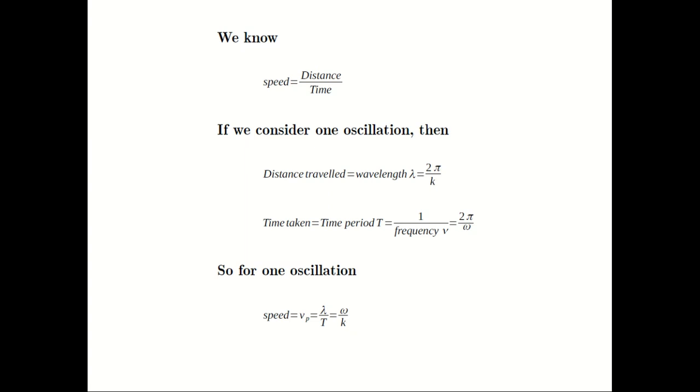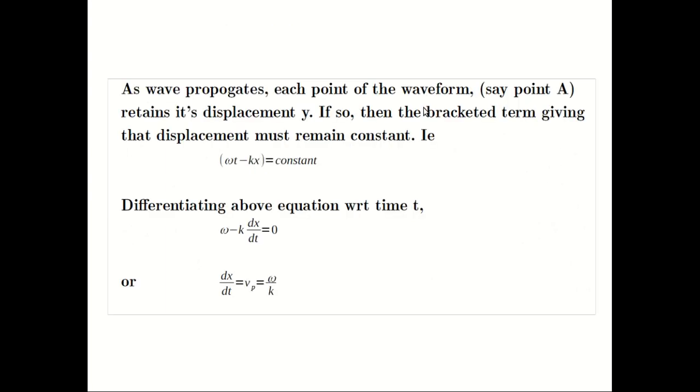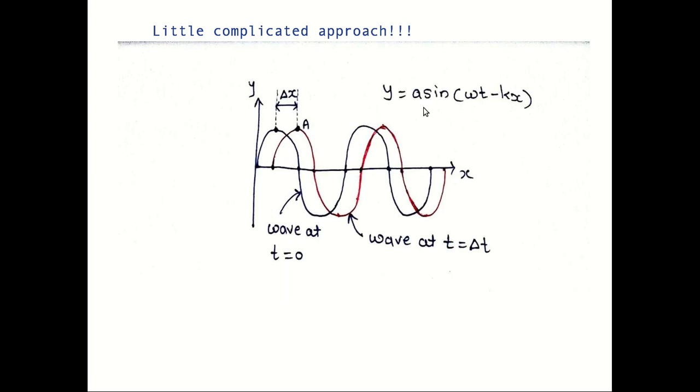There is another way, a little complicated one. Let us consider a wave moving in the positive x direction. A wave moving in the positive x direction is represented as y equals a sin(omega t minus kx).